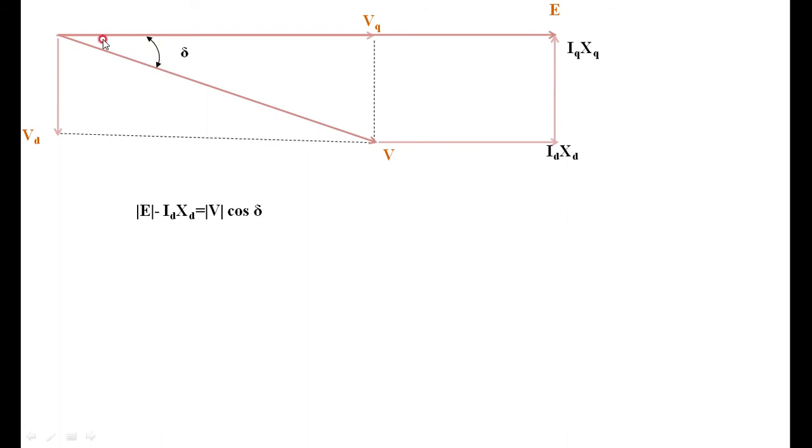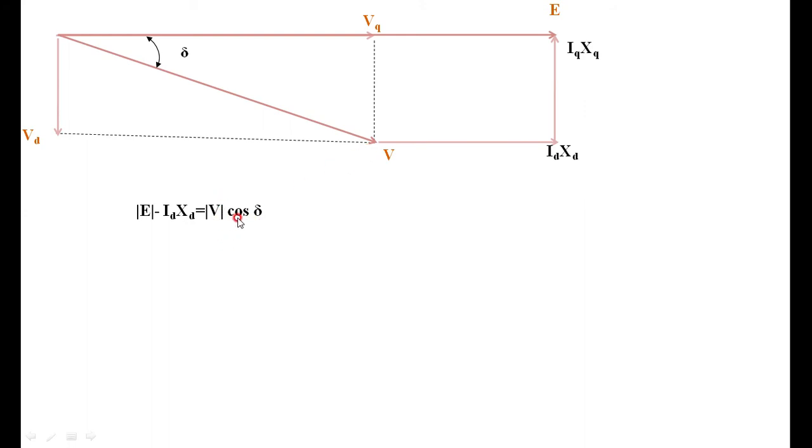It is the adjacent side divided by the hypotenuse. The adjacent side is VQ, and the hypotenuse is V. So cos delta is VQ by V. Therefore, VQ is equal to V cos delta.